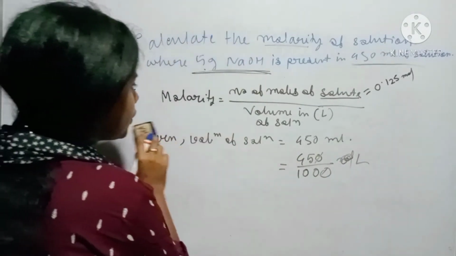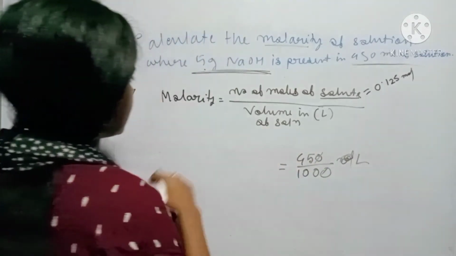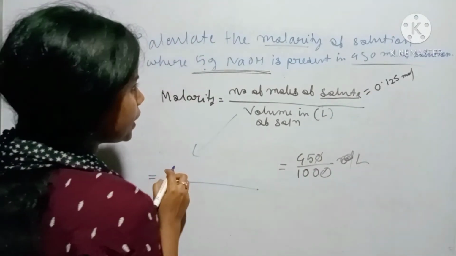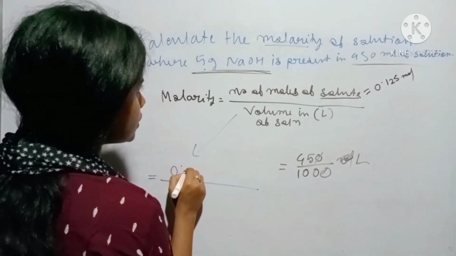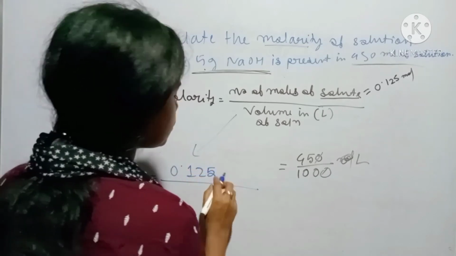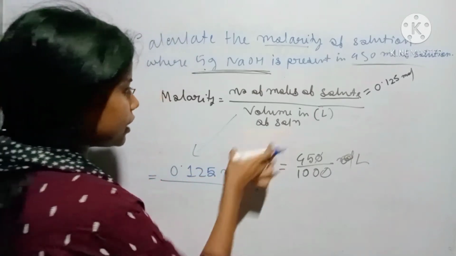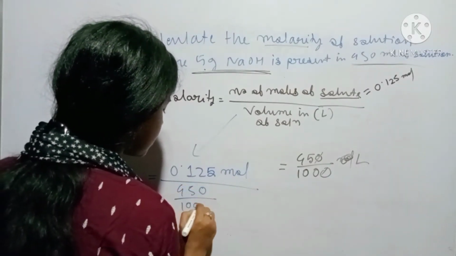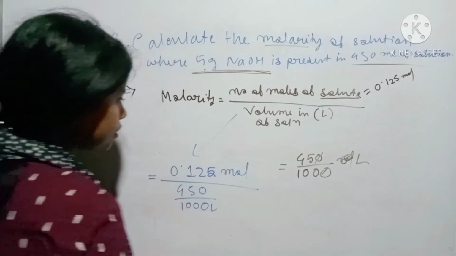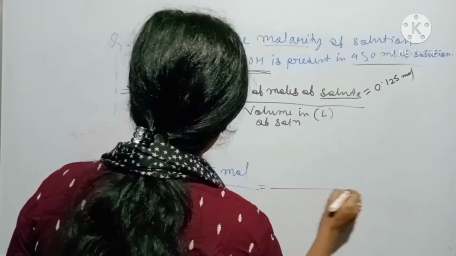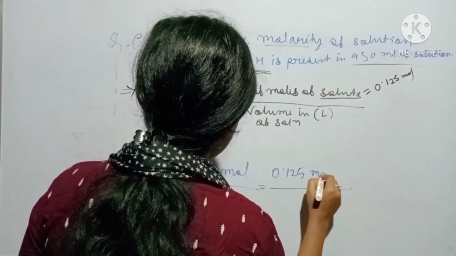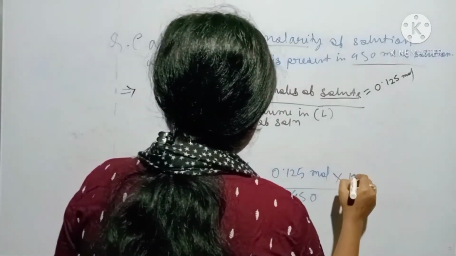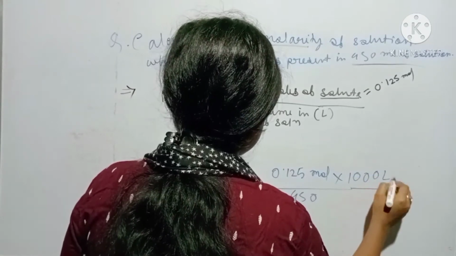Now I am going to put this into the equation. We put the moles, 0.125 mole, and below we put the volume of solution, 450 divided by 1000 liter. So it would be 0.125 mole divided by 450 over 1000 liter.